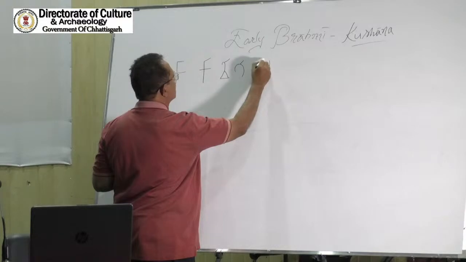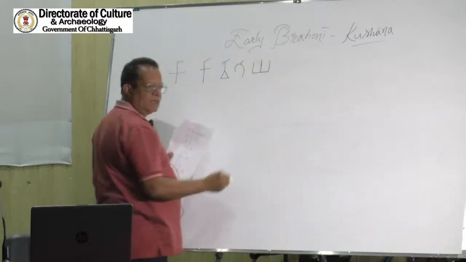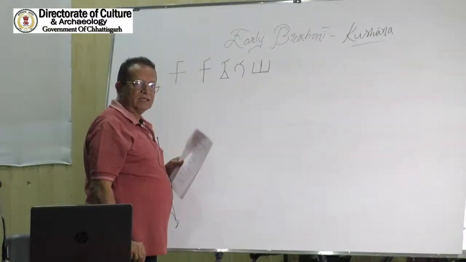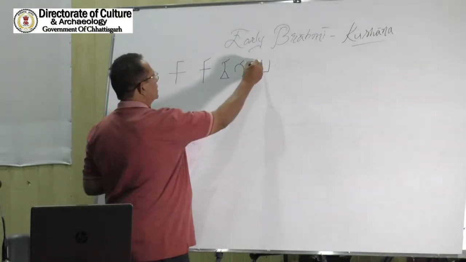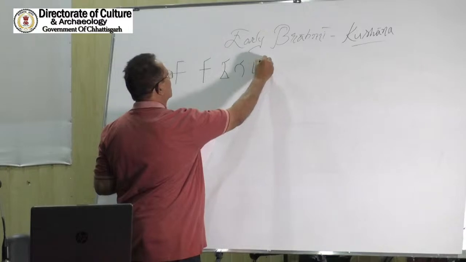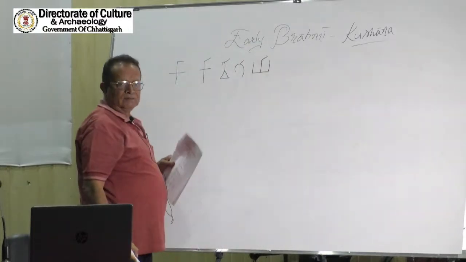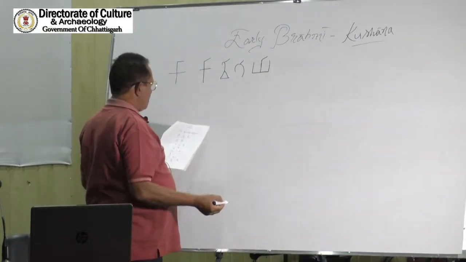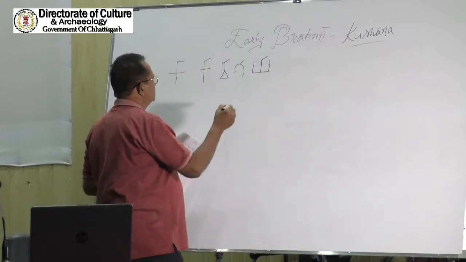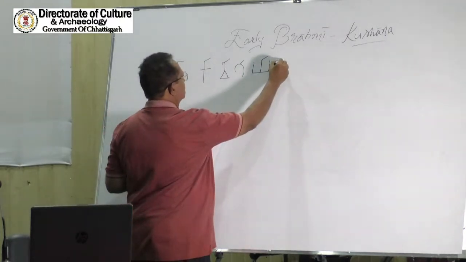So invariably you find out the middle stroke, they extended a little when they attach a mark. The middle stroke they extended, and then gha. I am showing not in sequence.